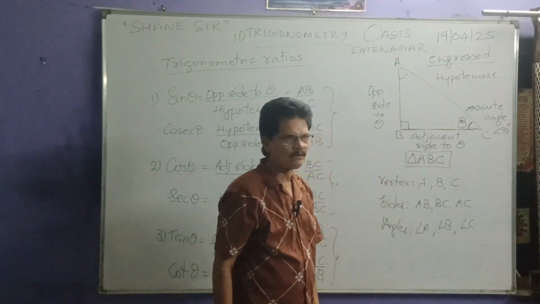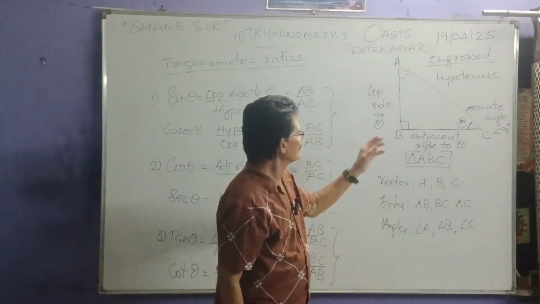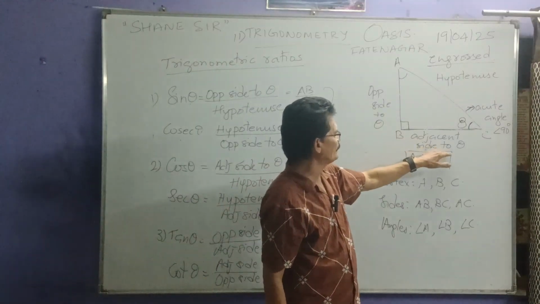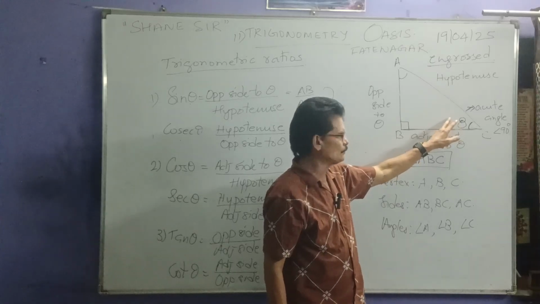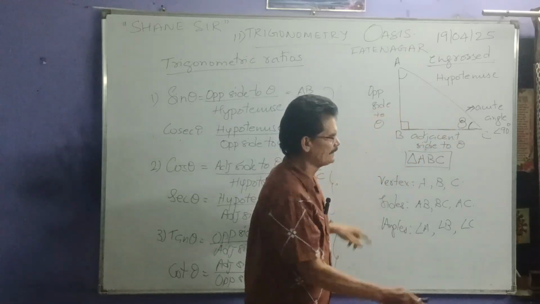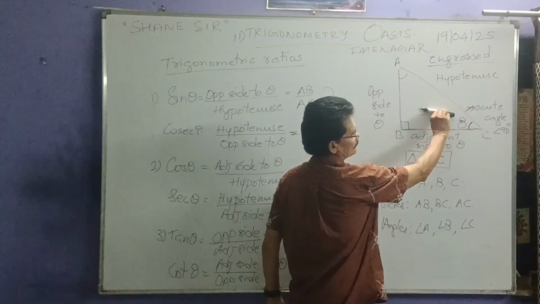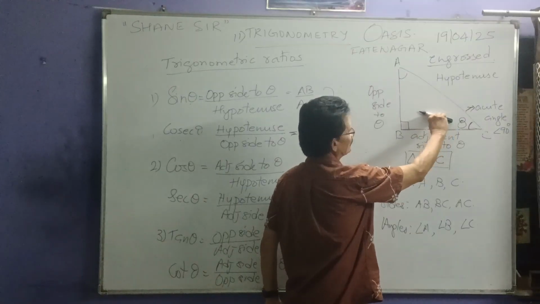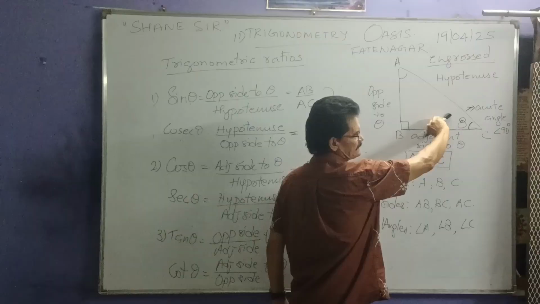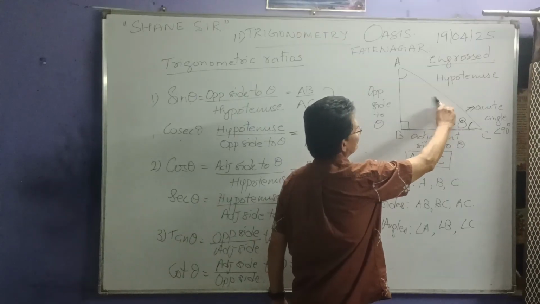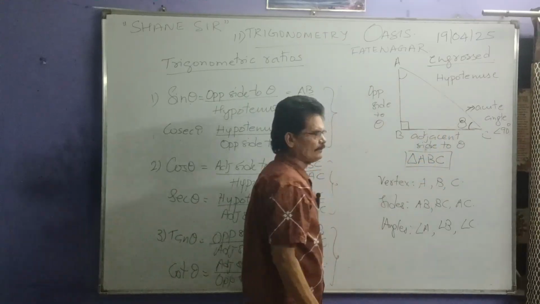Opposite and adjacent are defined with the position of theta. Theta is here, so this becomes the opposite side. AB is the opposite side, BC is the adjacent and AC is the hypotenuse.